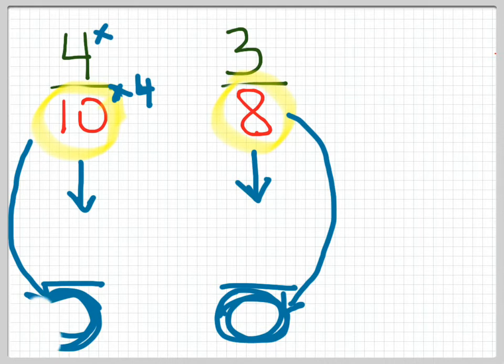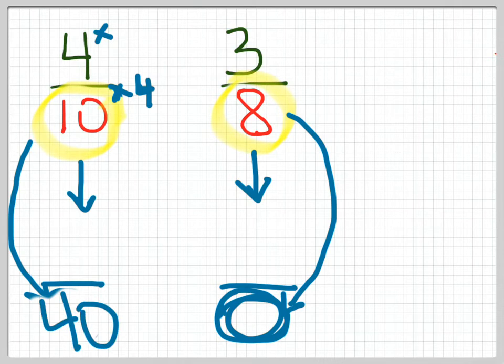Let me show you that. Of course, that means I would have to times the top by 4, and that 4 would turn into a 16. Now the trick is, I turned the 10 into a 40, and I want to turn the 8 into a 40 as well.